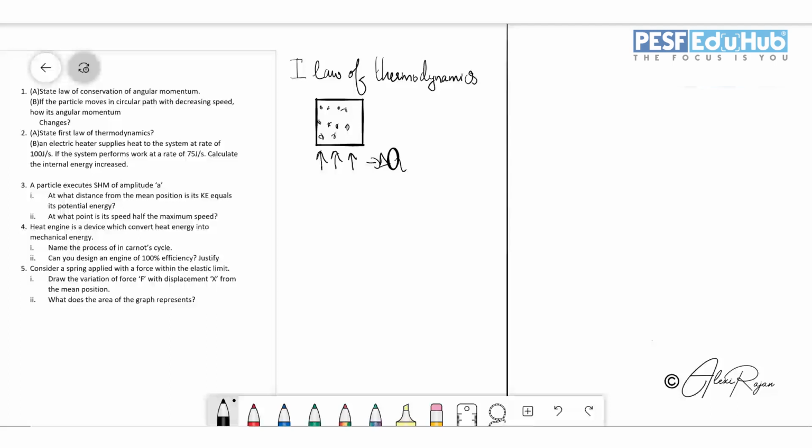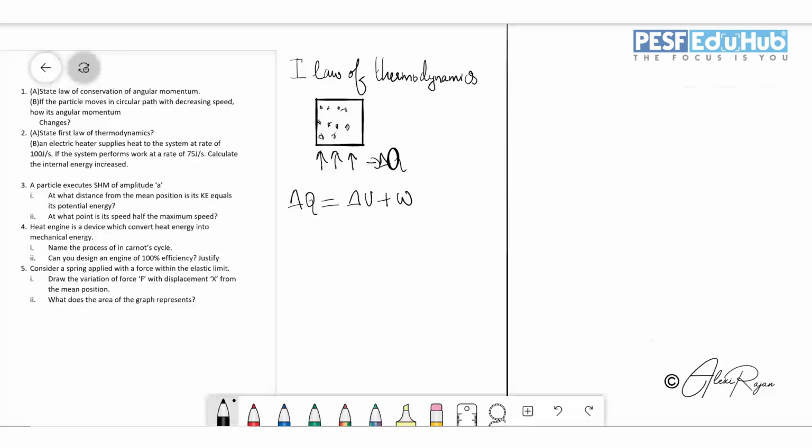This heat supplied will be utilized for the change in internal energy and the work done by the system. That means the heat supplied to a system will be utilized for its change in internal energy as well as the work done by the system. This idea is the actual basis of the first law of thermodynamics. So delta Q is equal to delta U plus W. This is the first law of thermodynamics.